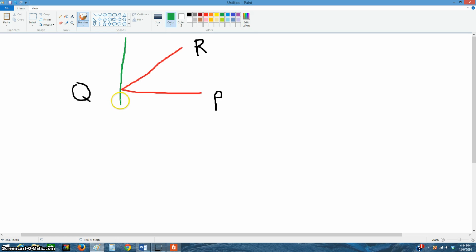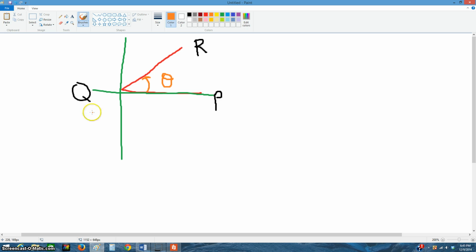So technically this angle is really in the first quadrant. Okay, and of course from here to here we have an angle which we will call theta.